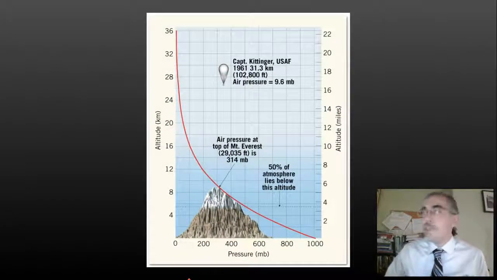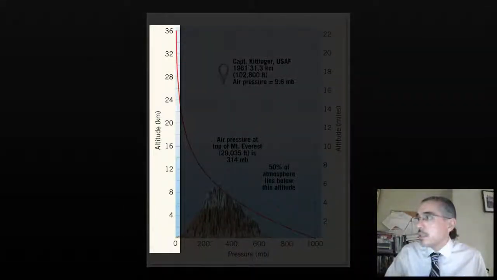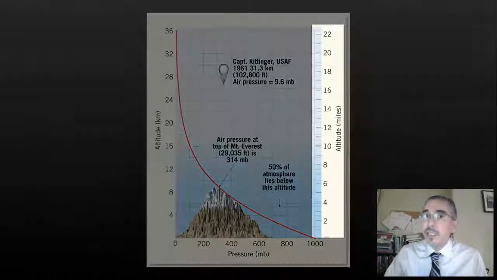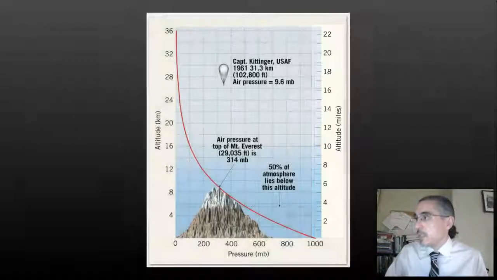You've read that air pressure is essentially caused by the weight of the air above our heads. So if we go up in altitude, there's less air above our heads, which means there's less air pressure. This graph shows how atmospheric air pressure changes with altitude. The vertical or y-axes show altitude in two different units: on the left-hand side, kilometers above the surface, and on the right-hand side, miles above the surface.